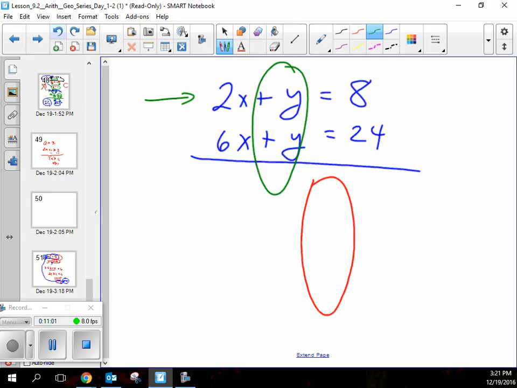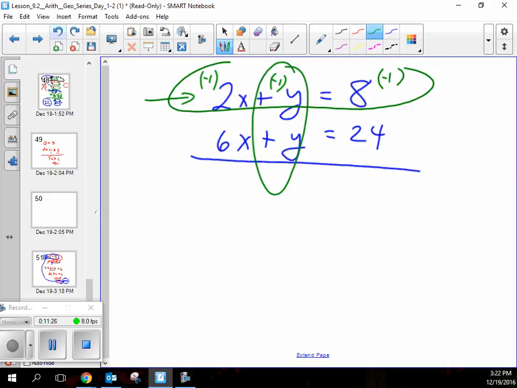So I'm going to look at these two and say, oh, these are so close to eliminating. If I only had this top one have a negative on it, it would be the opposite of this one. So I need the negative in that top equation. So I take this one with the smaller numbers and I multiply it by whatever you need it to be. In this case, I'm multiplying it by negative 1. Negative 1, negative 1. So now, after I do that, I'm rewriting it now as negative 2x, this part is negative y is equal to negative 8.